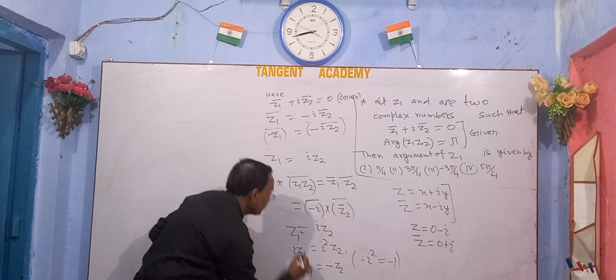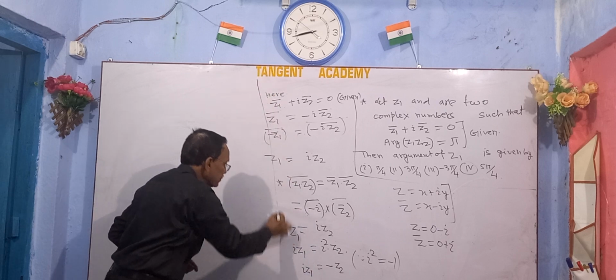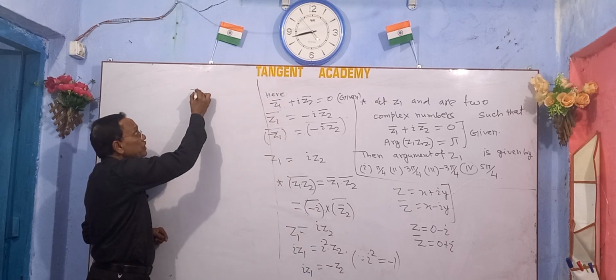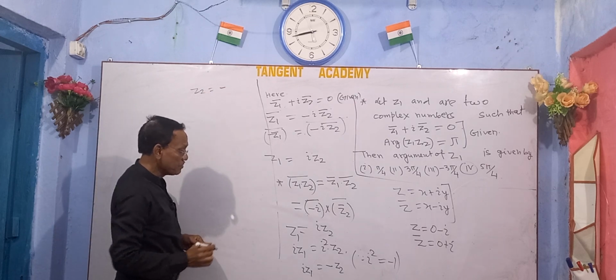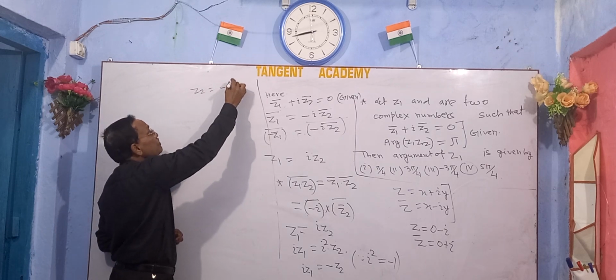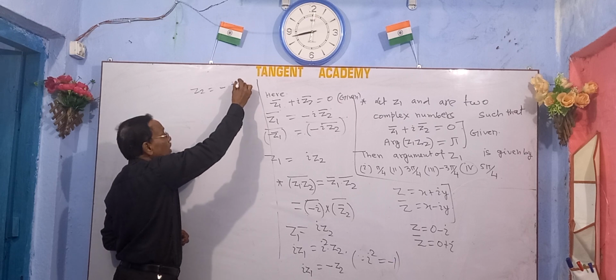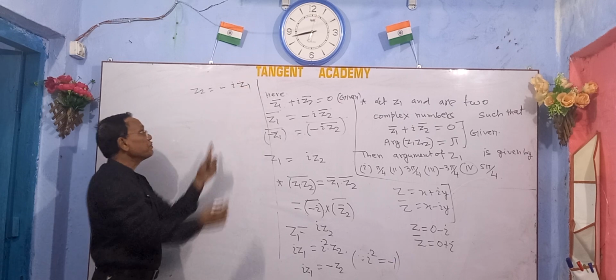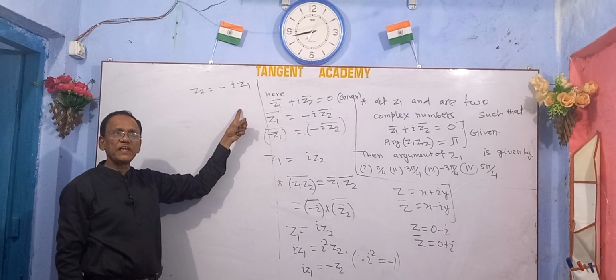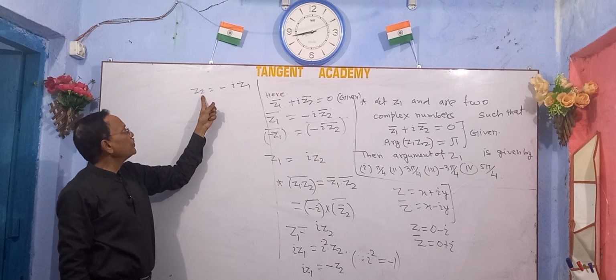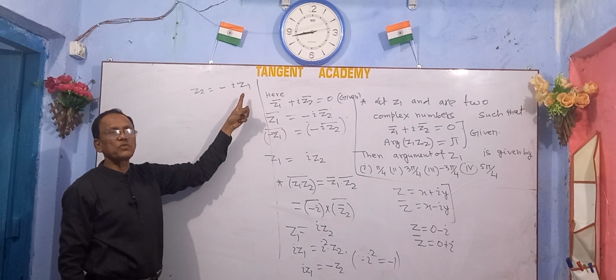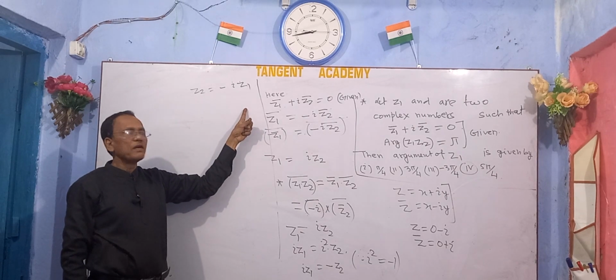So Z2 can be written as minus i Z1, multiplying both sides by minus 1. We get Z2 is equal to minus iota times Z1.